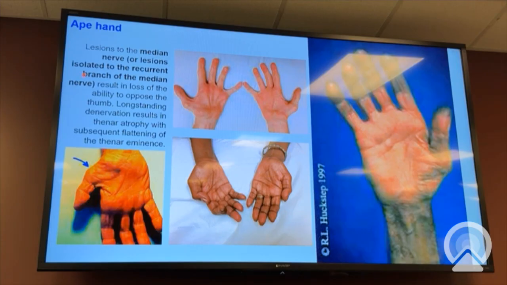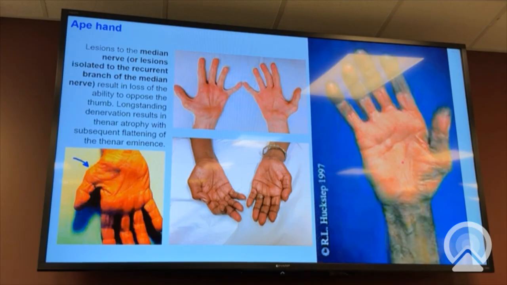Okay, so with the ape hand, just remember median nerve injury. Of course, if you lesion the median nerve way up here in your elbow, this person will develop an ape hand, because that recurrent branch, which is downstream of that, will be affected. But it could just be iatrogenic, like you're in the OR and you develop this.